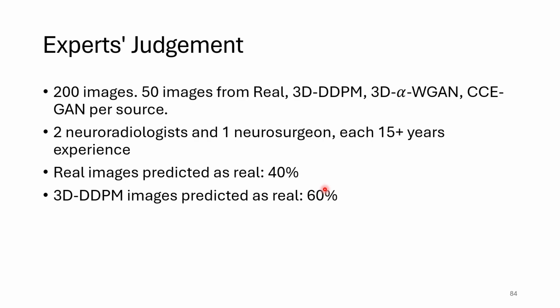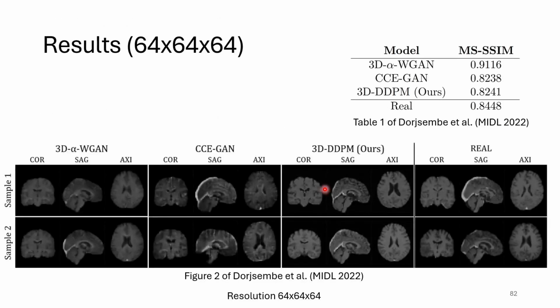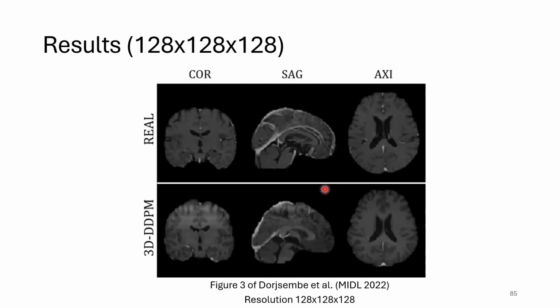I don't know, because this is their report. Maybe, as you said, they just cannot judge it or just didn't pay attention to it. But just like this one, they also show here the result at 64, and this is slightly larger, 128.